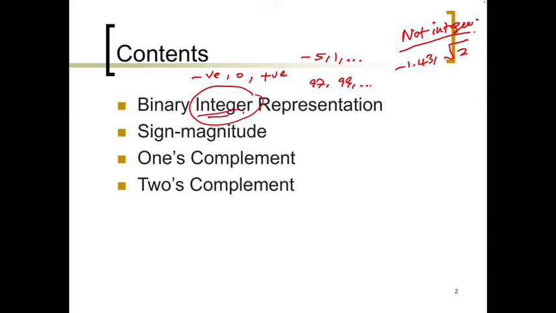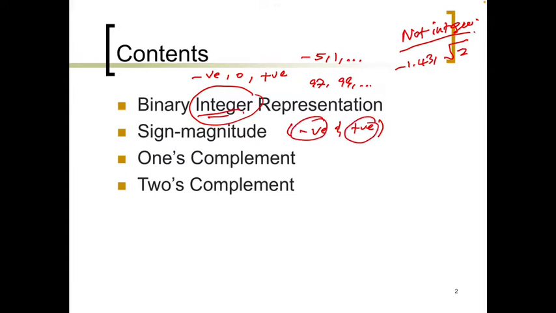After you understand the integer, you will be introduced to what we call the sign magnitude. In this sign magnitude subchapter, actually it is about negative and positive number. How can we represent negative and positive in computing?